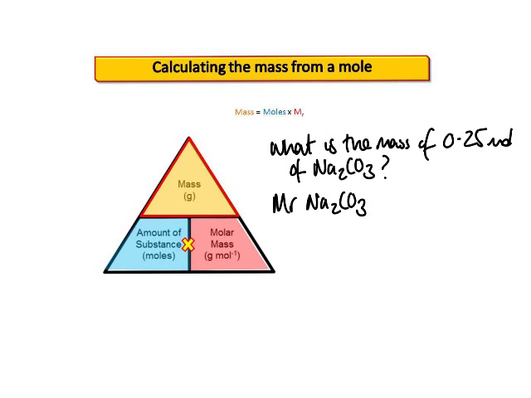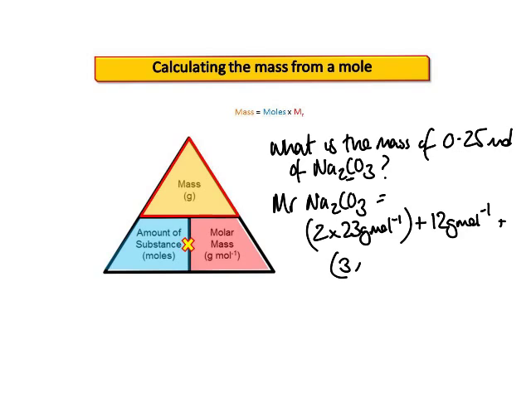So that is 2 times 23 grams per mole, plus 12 grams per mole for the carbon, and then plus 3 times 16 grams per mole for the oxygen. So this would equal 106 grams per mole.